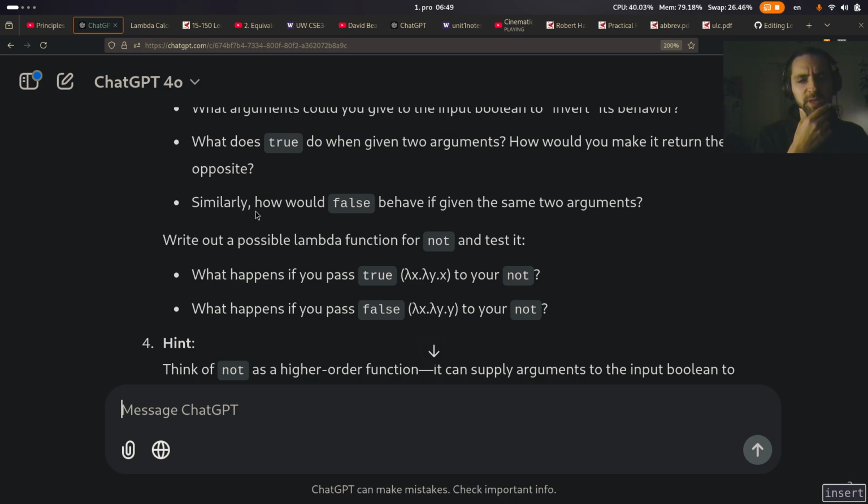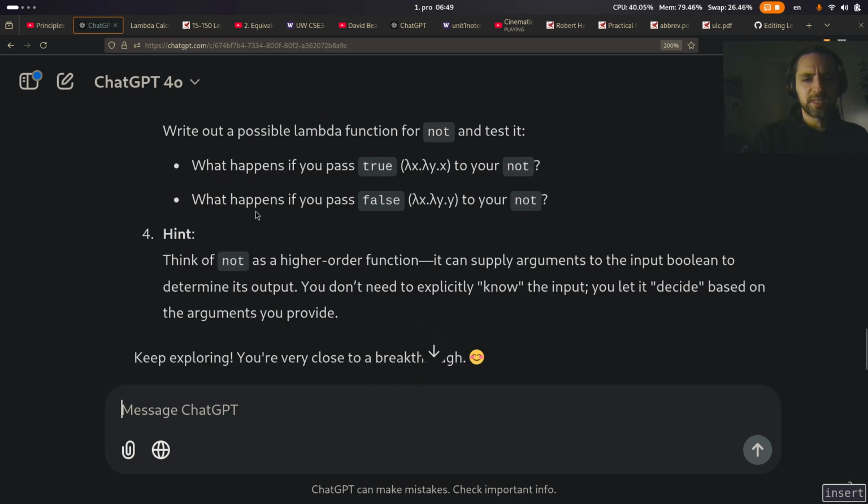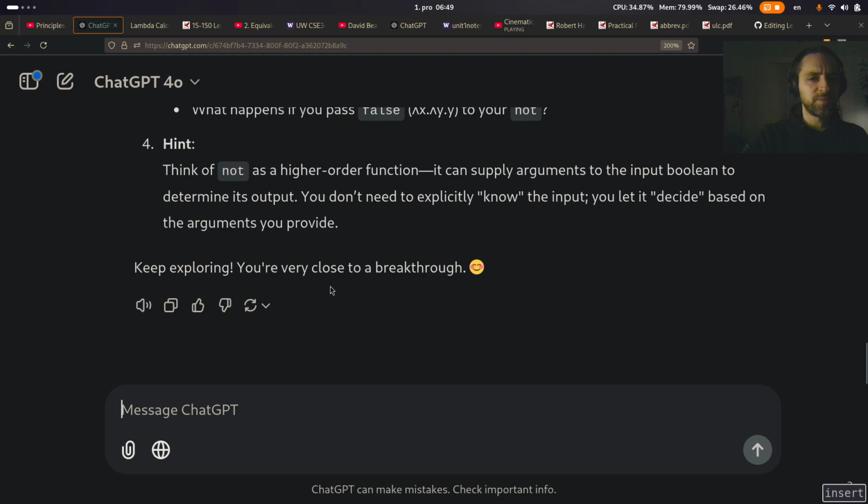What happens if you pass true to your not? Think of not as a higher order function. It can supply arguments to the input Boolean to determine its output. You don't need to explicitly know the input, you let it decide based on the arguments you provide.